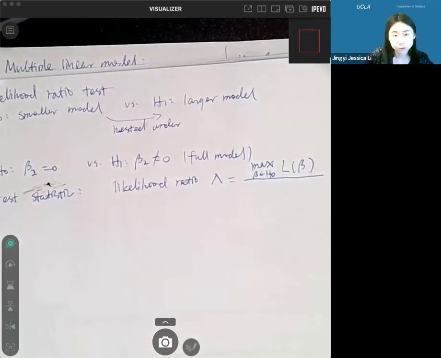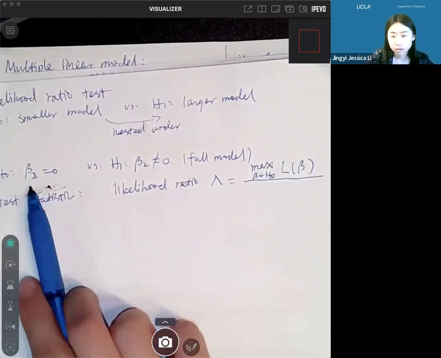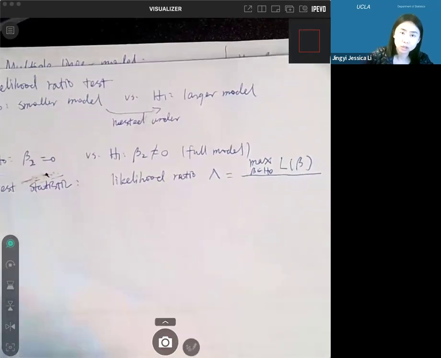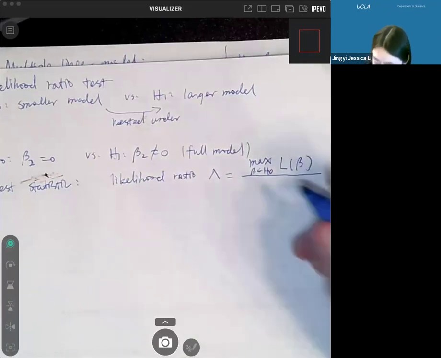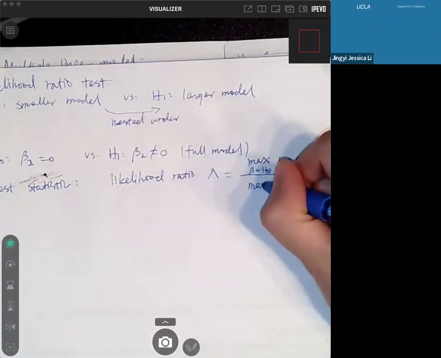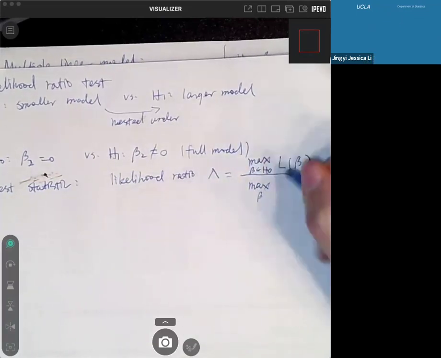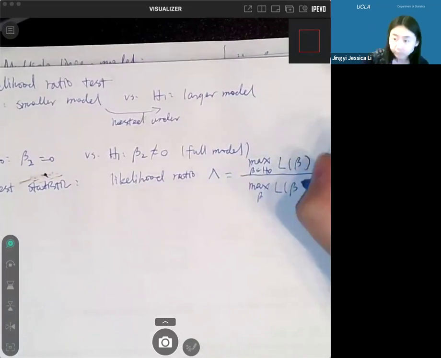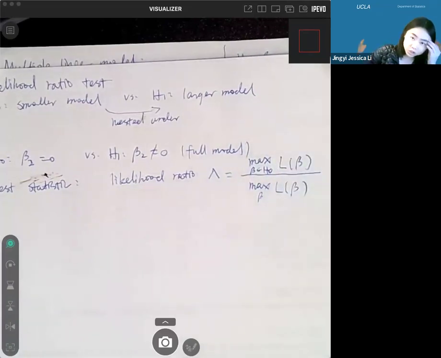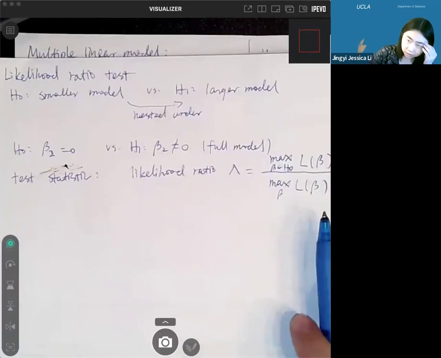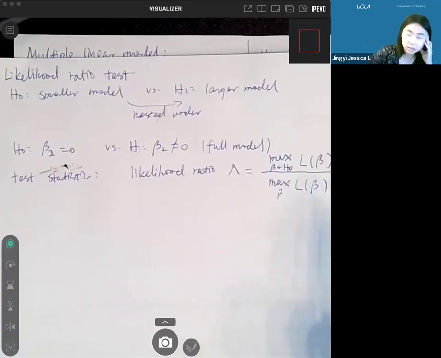Under the constraint, we find the maximum likelihood estimator. In this case, we would just fit the model using our linear regression by setting beta 2 to 0, so we only estimate the parameters in beta 1. And the denominator is the unconstrained one. We just maximize over beta without the constraint. Then intuitively, which likelihood will be bigger?